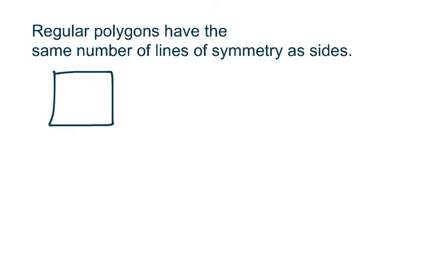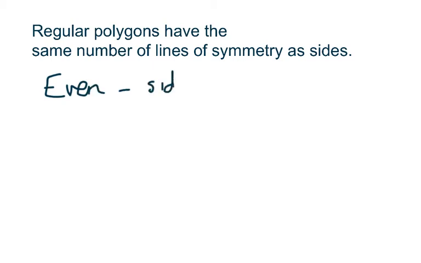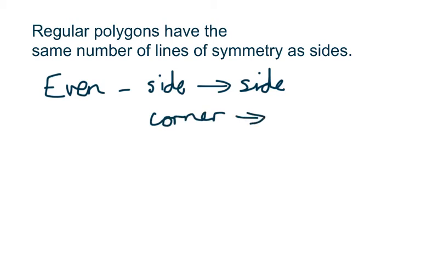But the rule you must remember is: even number of sides, you go from side to side and corner to corner. You have to do both and don't miss any out.